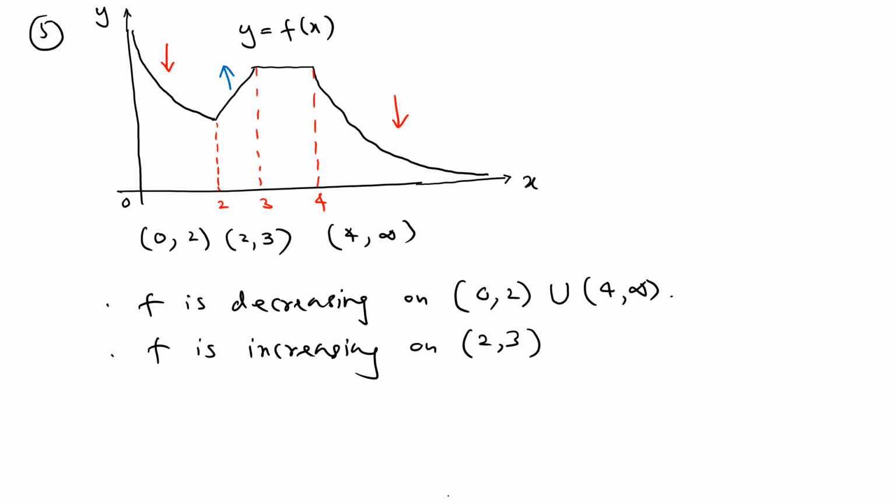And then also you can see in the interval 3 to 4, the function has a constant value. So f is constant on the interval 3 to 4. Okay, so this is the idea about increasing, decreasing, and constant functions. So you can do some practice problems now.